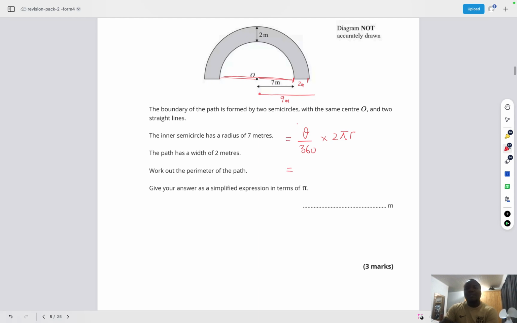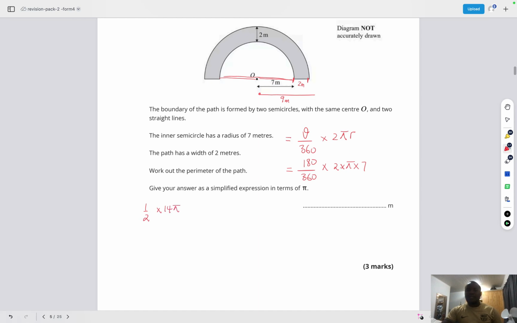Now in this case, since this is a semicircle, the angle theta is 180. So you've got 180 over 360 times 2 times pi times 7. You know that 180 over 360 is half, so we have half times 14 pi.